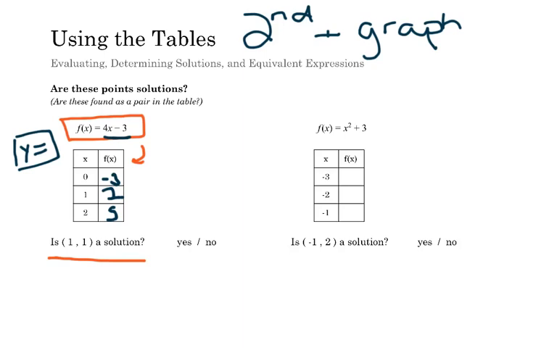So again, your clue is right here. Another way to answer this is to figure out is that point found as a pair in the table. So do we see 1, 1 as a solution? Well, 1, 1 is in my table. So yes.